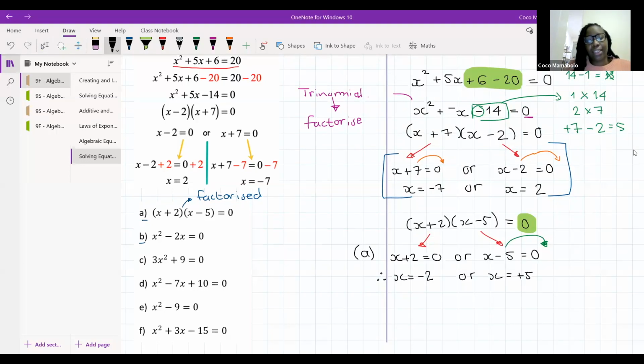Yes, that's exactly why, because when we take anything over to the other side of an equal sign, it changes sign. Same with negative 5. Do you see how negative 5 became positive 5 when it went to the other side? Yes, ma'am. Is that making sense? Yes, ma'am. Excellent.